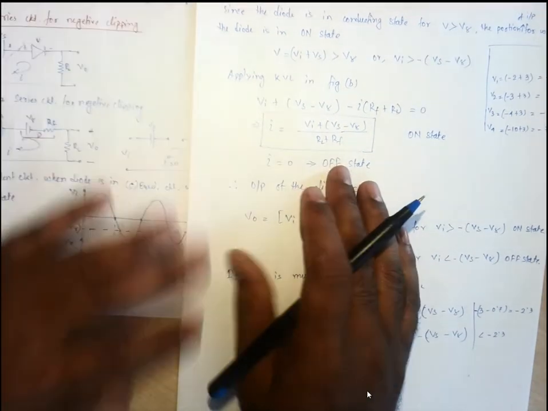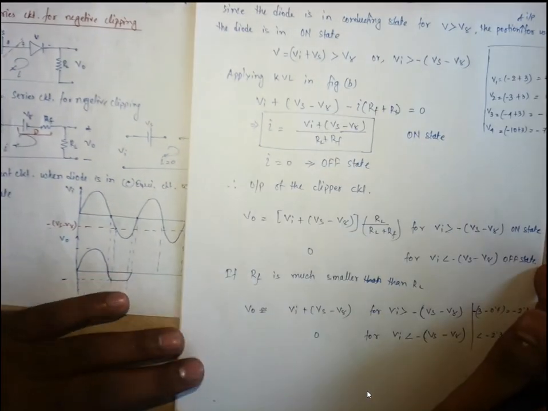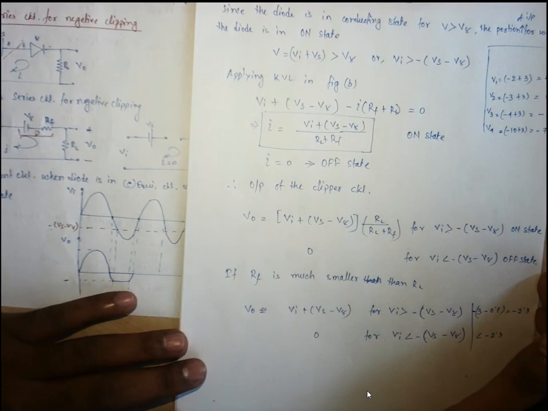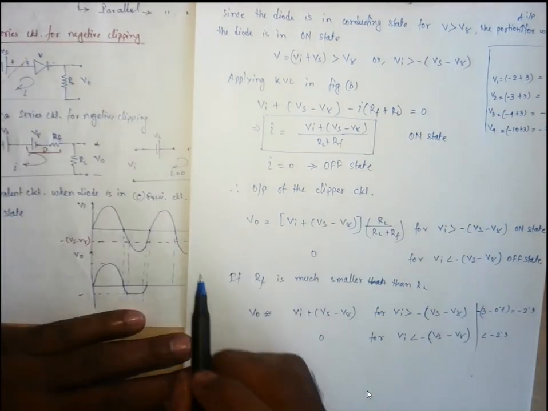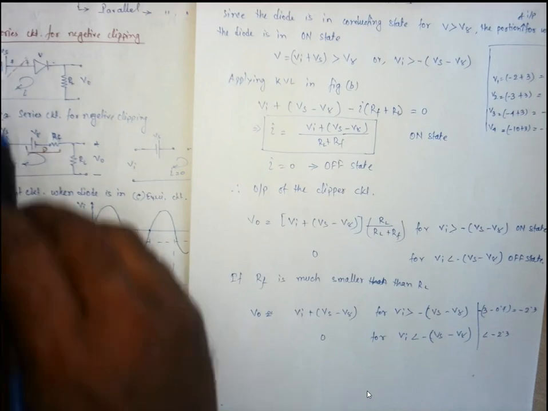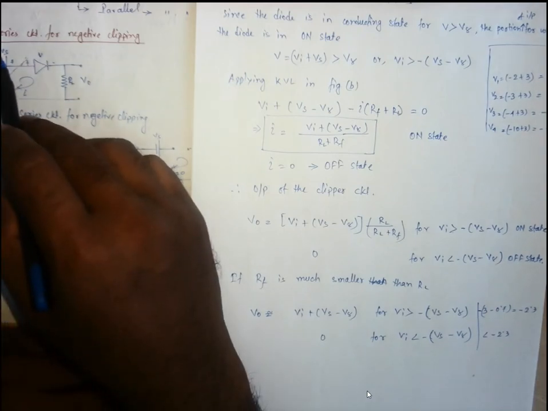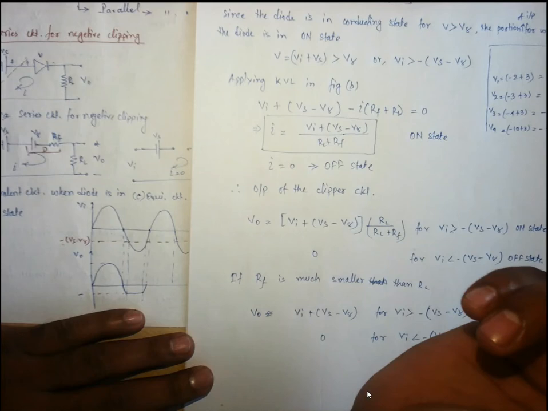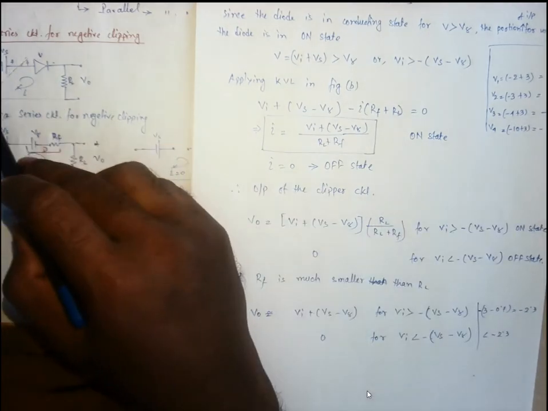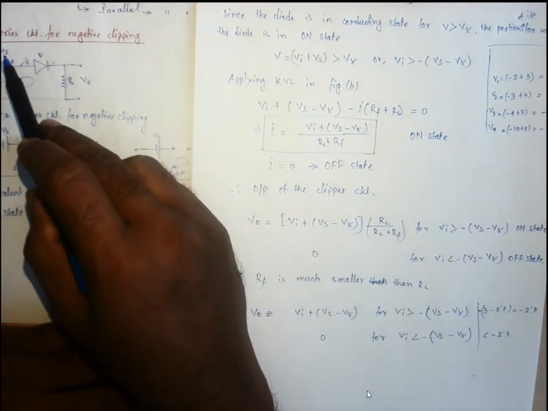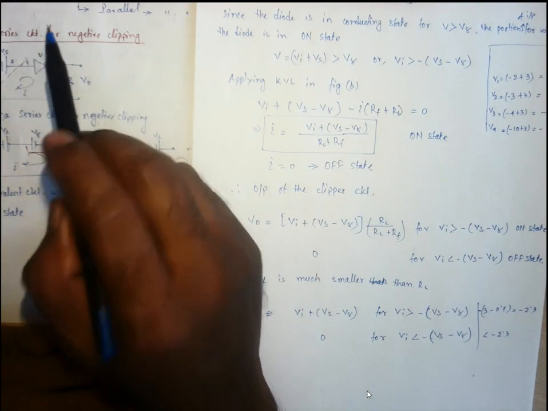So for this case, if you are practically thinking about the diode, it has a certain knee voltage. The knee voltage will get deducted from this Vs, because the voltage appearing across this output will be the combination of Vi plus Vs, if we are thinking about the theoretical, meaning ideal diode.